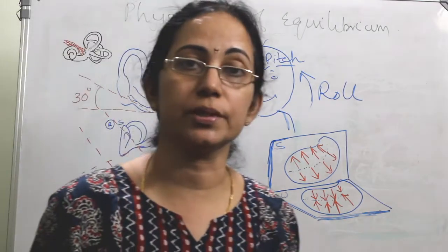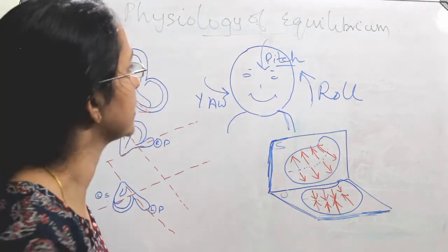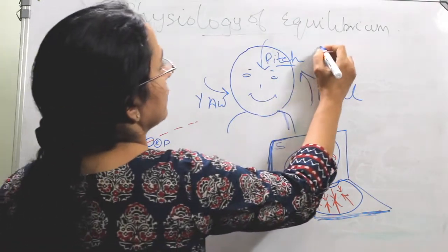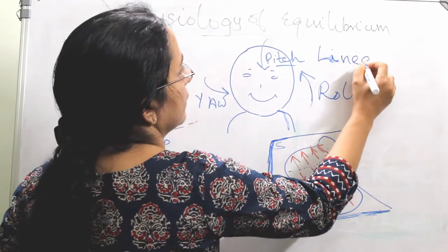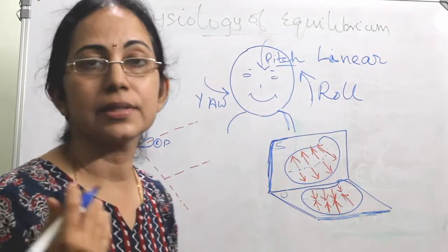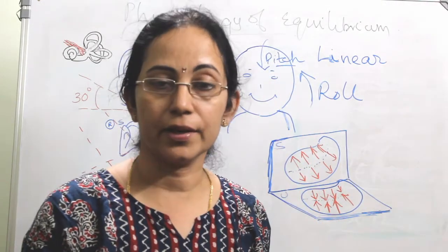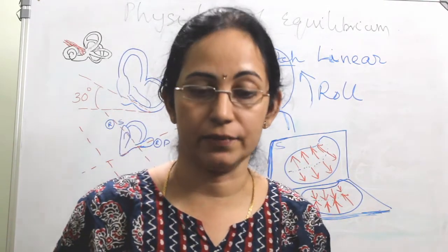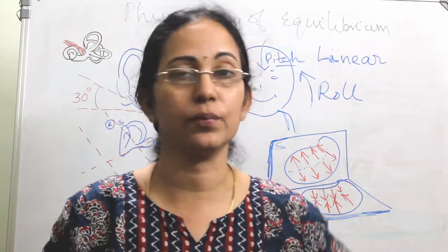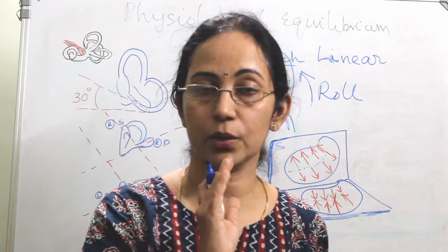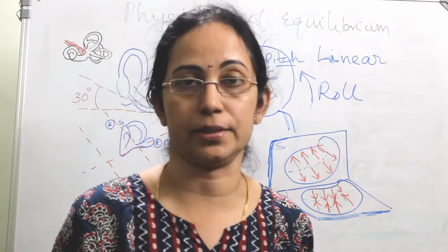And another two terminologies are linear acceleration and angular acceleration. What is linear acceleration? That is, we are not changing our direction. We are going in a straight line, can be forwards or sideways, whatever way it is, and there is a change in velocity.